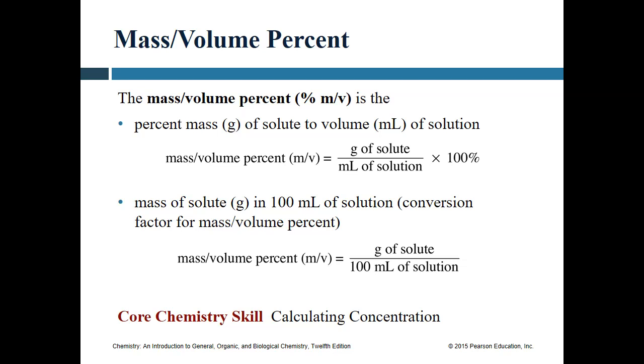We see mass volume percent used a lot for aqueous solutions, because again, it's easier to measure out that 100 milliliters of water or that 100 milliliters of solution than it is to try to weigh everything out individually. But the core idea is still the same. Mass on the top, volume on the bottom, multiply by 100. The percentage represents the mass of solute in 100 milliliters of solution.